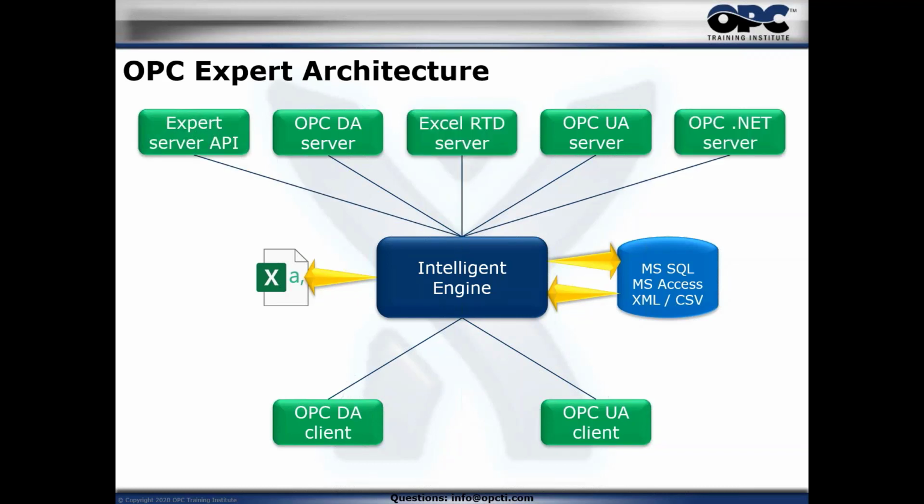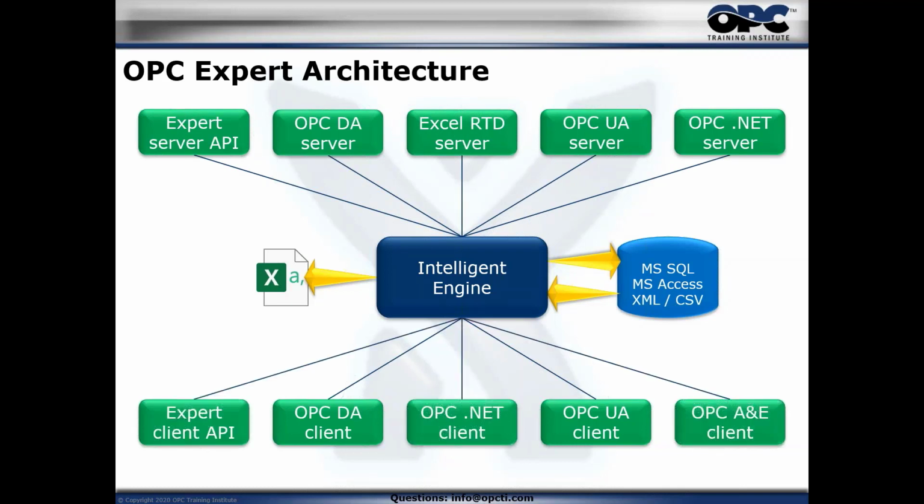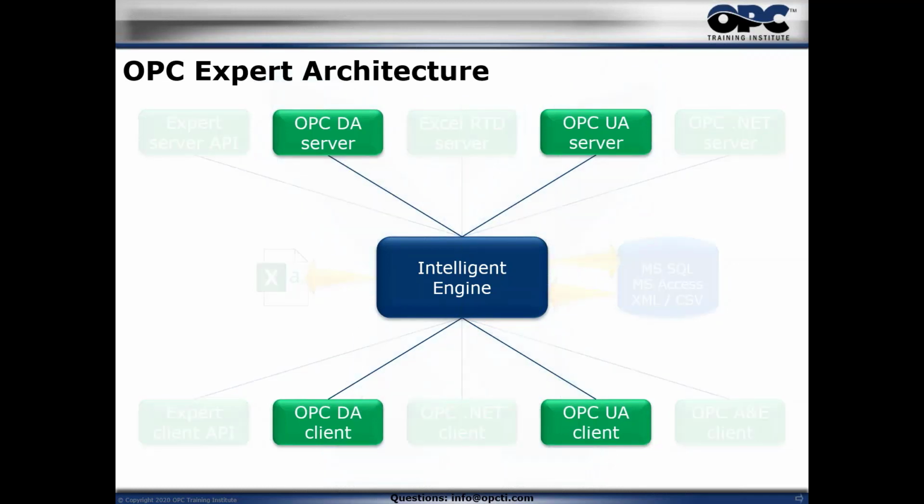You can also send data out so that it goes into Excel RTD or whatever way, or bring it in with different mechanisms. But in this particular webinar, we're talking about this portion right here, UA in, DA out, or DA in, UA out. So you can go any which way that you see here for the combination. That's what we'll talk about here.